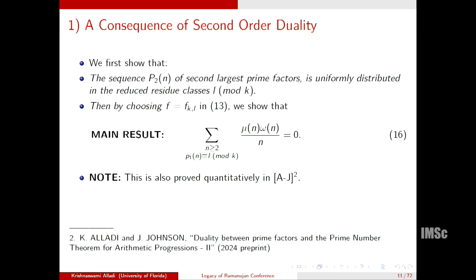But once you have that and we use our duality, you can show, and this is our main result, that if I take that series mu(n) omega(n) over n from 2 to infinity, but now I impose the condition that the smallest prime factor is L mod k, I once again get 0 for every residue class L, which means I've taken that original series whose value is 0 and sliced it into phi(k) equal valued subseries, and of course all equal values are equal to 0. Okay, so this comes out as a consequence. So this is our result, and recently we have posted this paper on the archive. So I'm going to give you some idea as to how we get this.